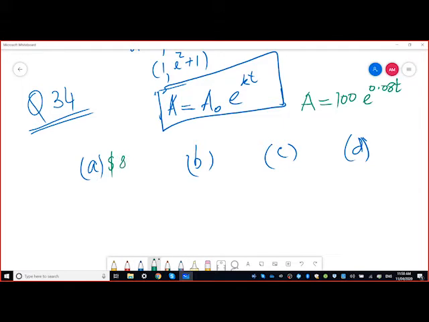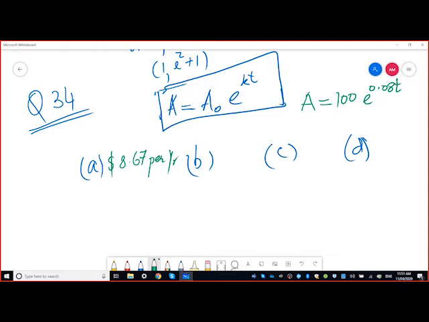And what is the unit? It is the rate of increase of the amount, $8.67 per year. Do you understand this?